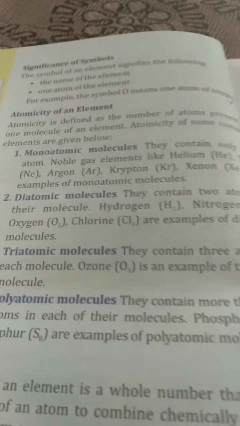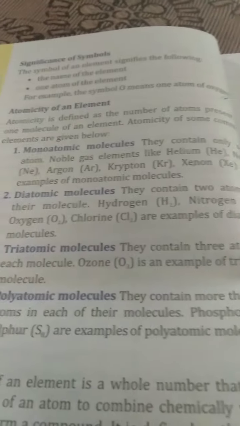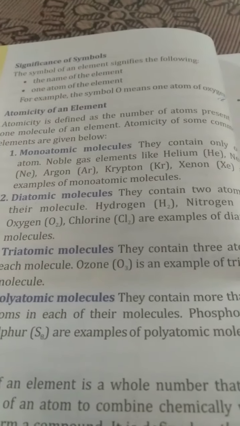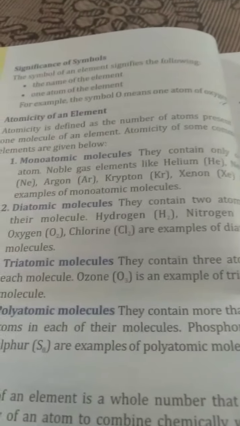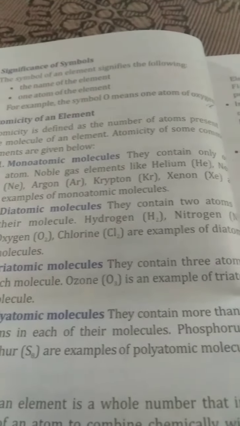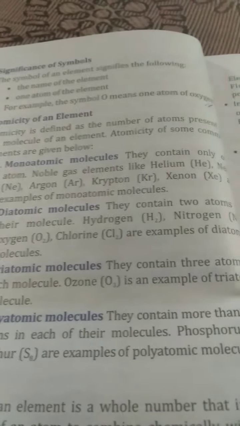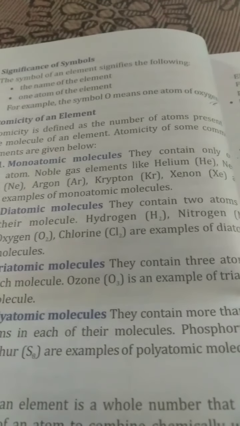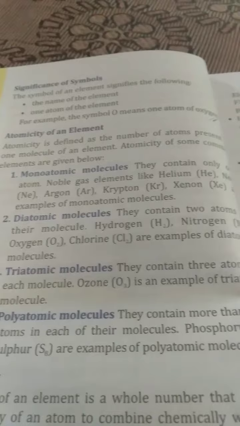You know the function of ozone. Ozone is one of the very important molecules. Ozone prevents the ultraviolet radiation, or it filters the ultraviolet radiation from the sun. So it is a very important molecule.